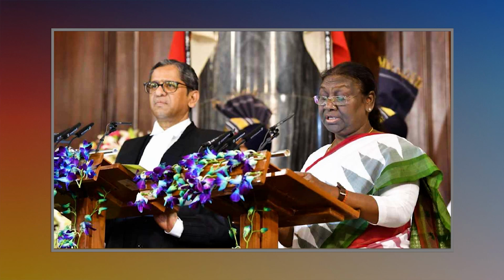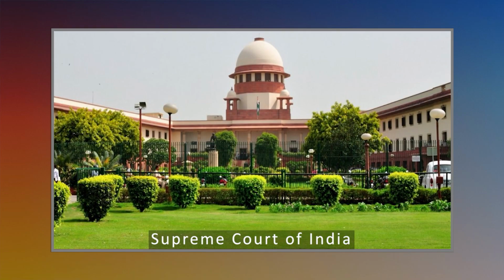The oath of office to the President is administered by the Chief Justice of India, and in his absence, the senior most judge of the Supreme Court available. Any other person acting as President or discharging the functions of the President also undertakes the similar oath or affirmation.